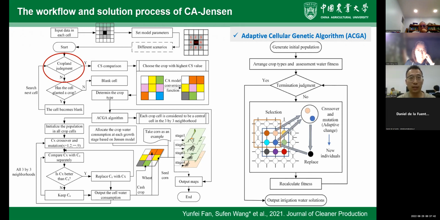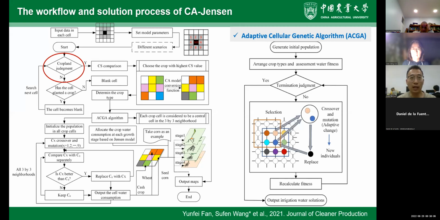This algorithm is similar to the general genetic algorithm. The difference is that all its crossover, mutation, and replacement occur in a 3x3 cell neighborhood, so that the solution set can be smoothly distributed in the entire population.